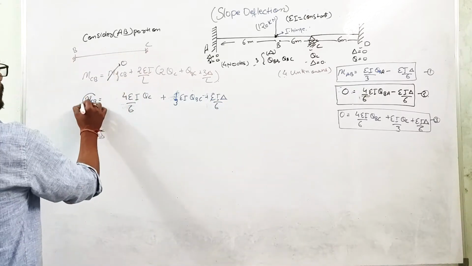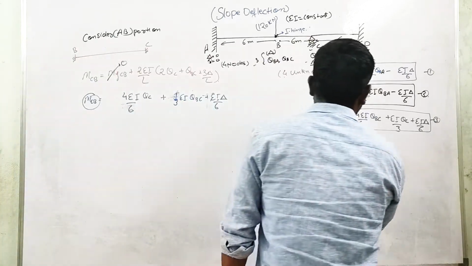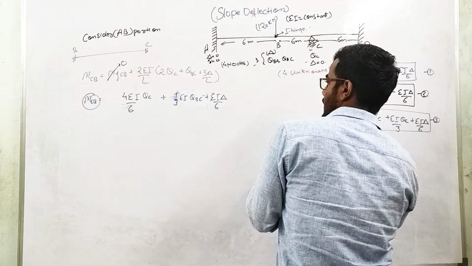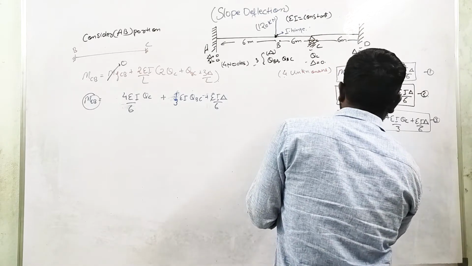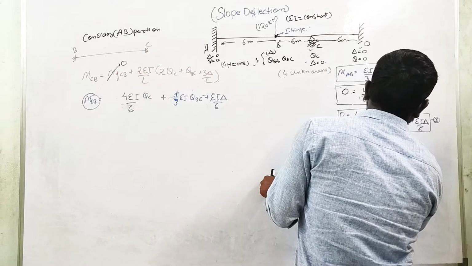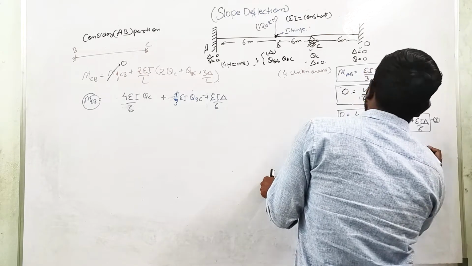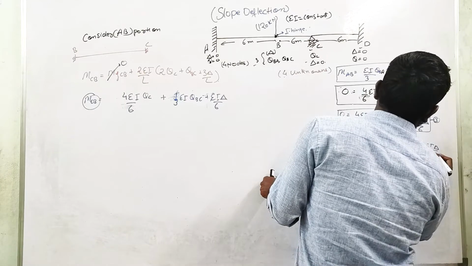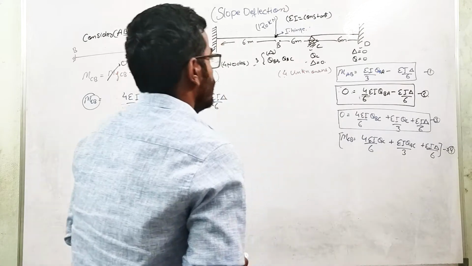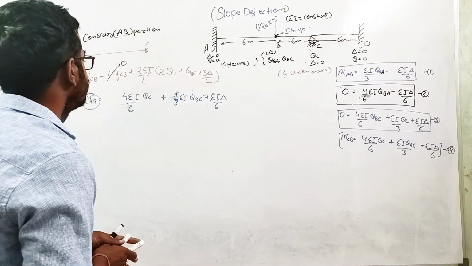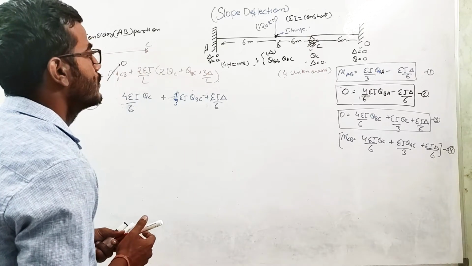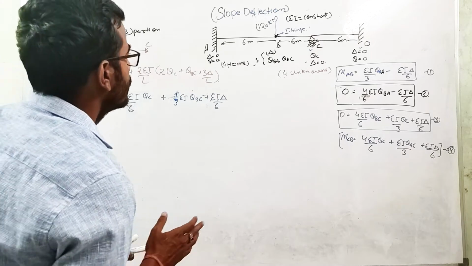Okay, so this is one more expression I am getting over here. I can write MCB equals 4 EI theta C over 6 plus EI theta BC over 3 plus EI delta over 6. Okay, so this is the case. Now let us come to this CD span.